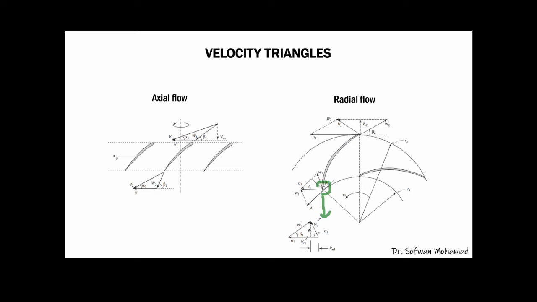So this is the velocity triangle at the inlet of the radial flow reaction turbine, and here is the velocity triangle for the outlet of the radial flow reaction turbine.